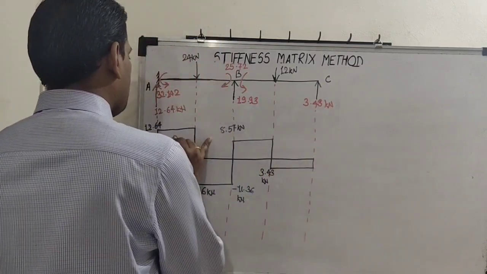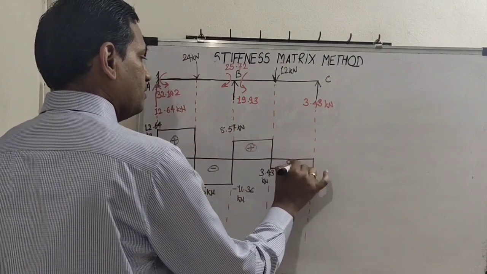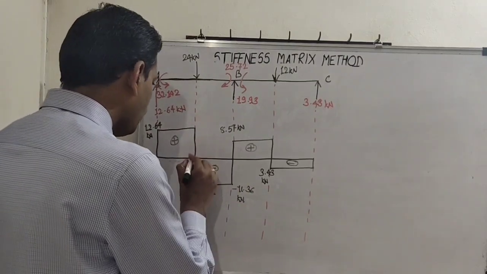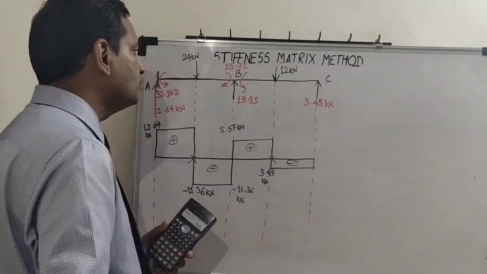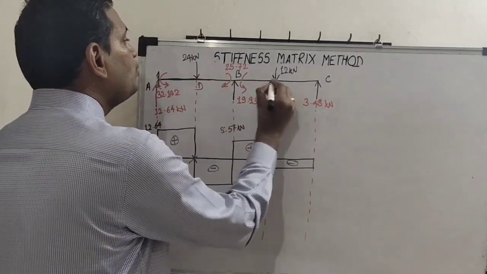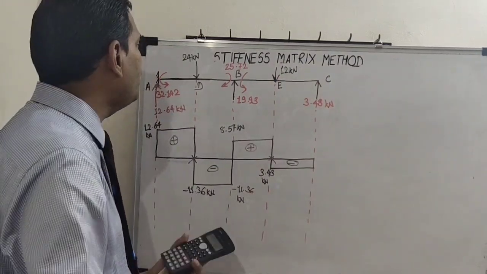So this is plus, minus, plus, minus. Locations of zero shear force, we already know them. One is here, another is here. So find out bending moment at these two locations, and then we will draw the final bending moment diagram.